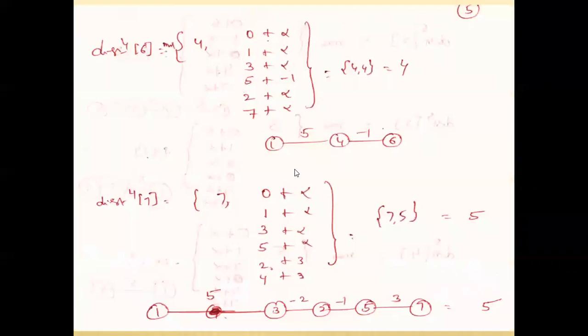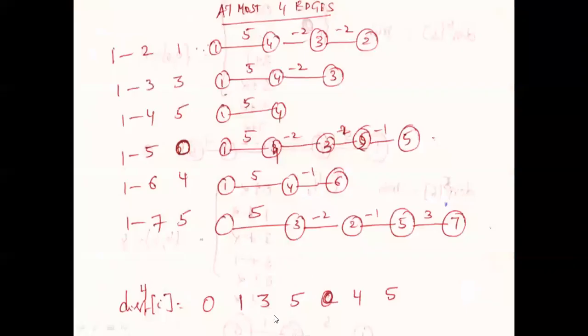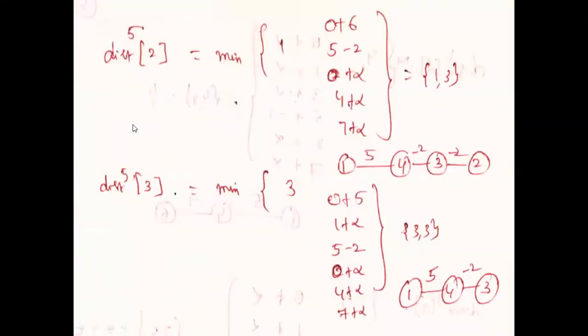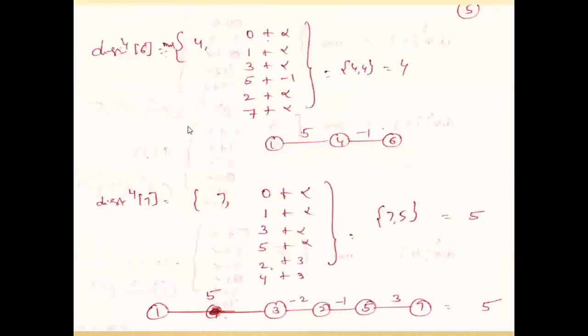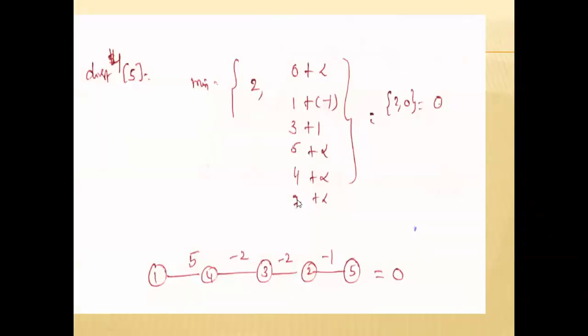So distance for 2 5, 0 1 3 5, 0 not considered 4 5. So you are calculating distance power 4, it is distance power 4 5 4 7.